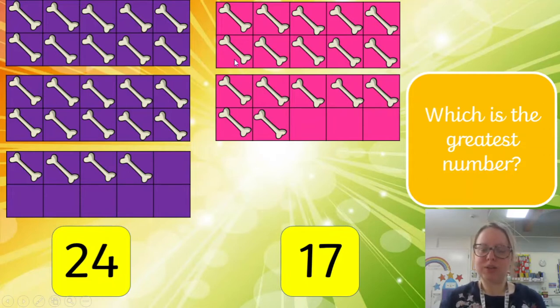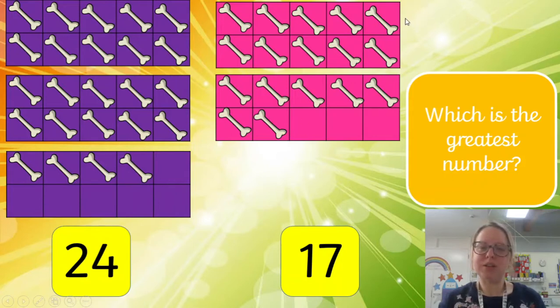This side over here, the pink side, only has 1 lot of 10. So 2 lots of 10 are 20, and then we count our ones. 20 plus 1, 2, 3, 4. 20 plus 4 more is number 24.